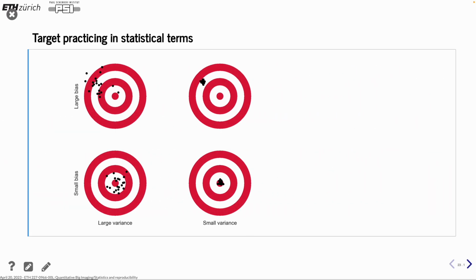And that can also be translated into statistical terms, and then we're talking about biases and variances instead. So the accuracy is related to the bias, and the precision is the variance.